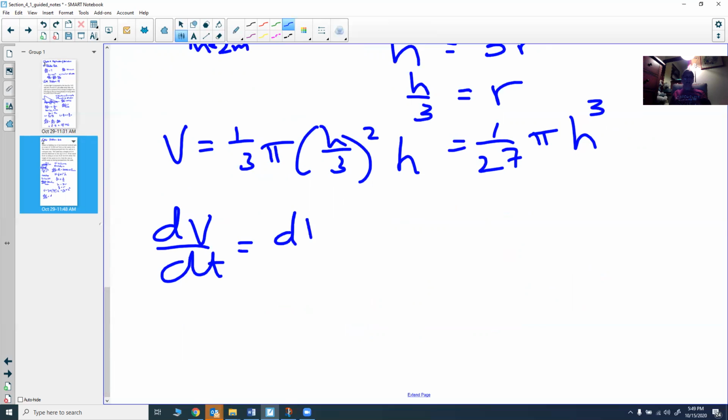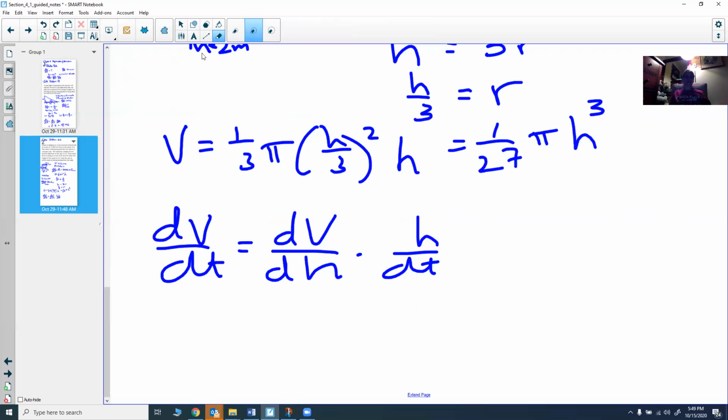So we can take dV/dh times dh/dt, which lets us find how the volume is changing over time, which will then allow us to figure out what r is. dV/dh: bring the 3 down, and you've got 1/9 pi h squared, times dh/dt.